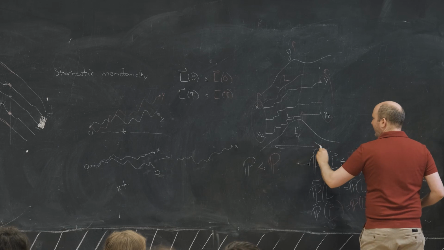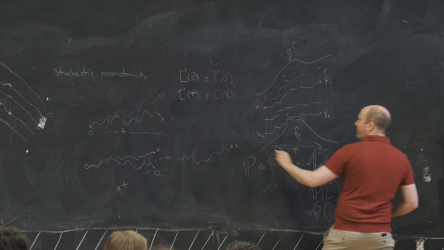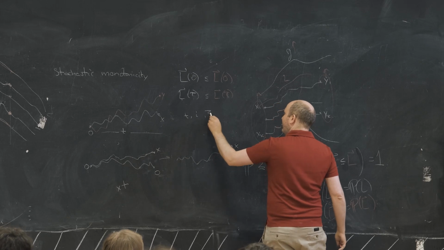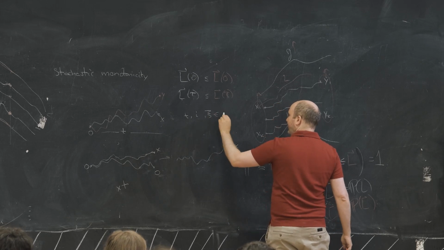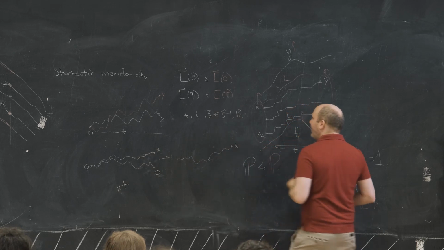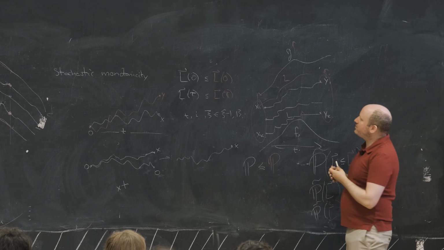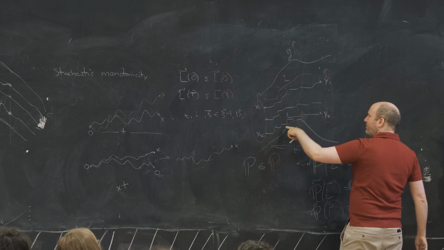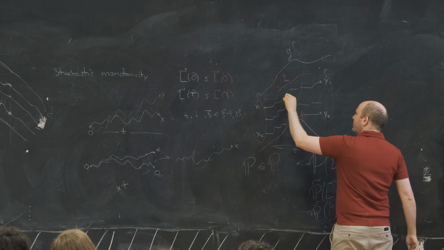So I choose a t, a horizontal coordinate. I choose a number i between 1 and k, and then I choose some Bernoulli in the set minus 1, 1. And what I do is I attempt to change the ith curve at horizontal position t. I try to change the value.